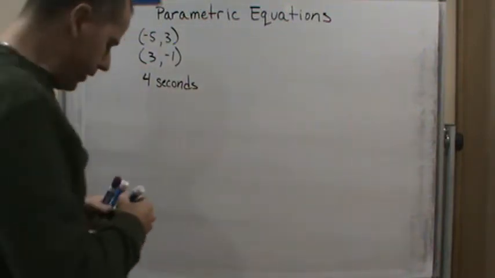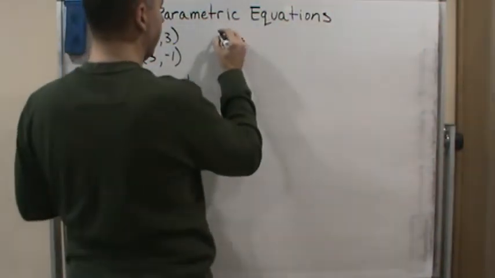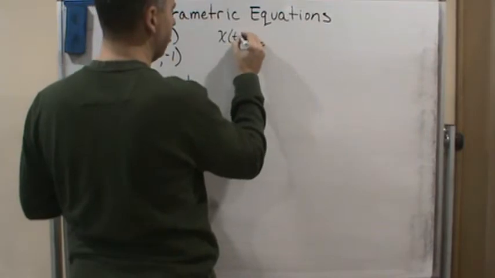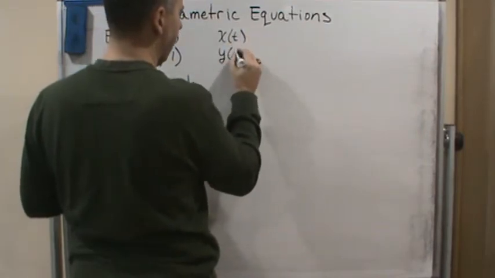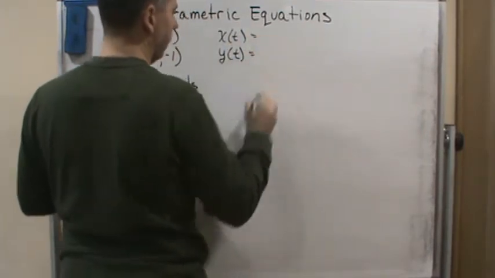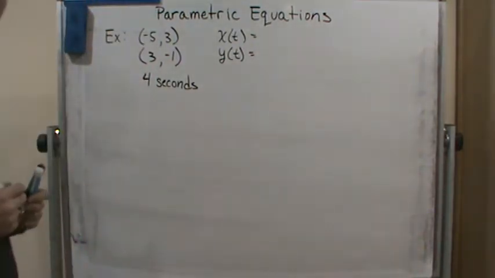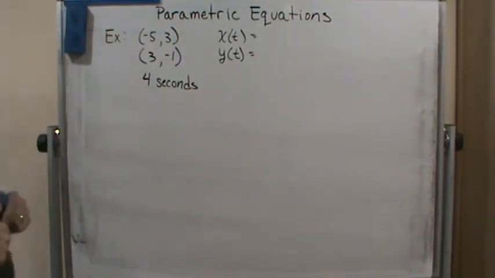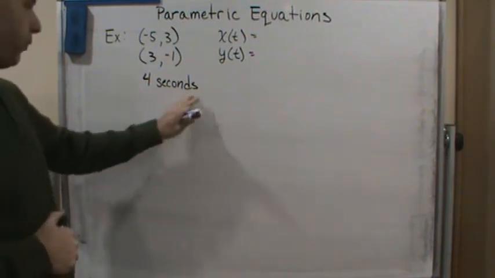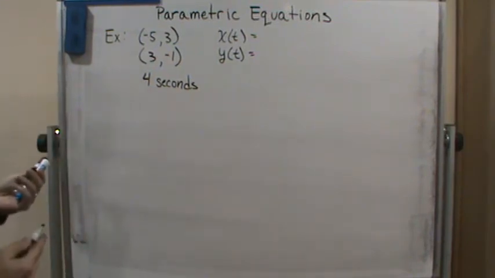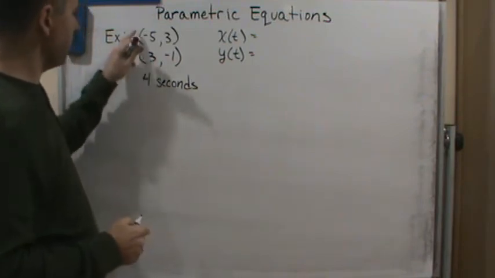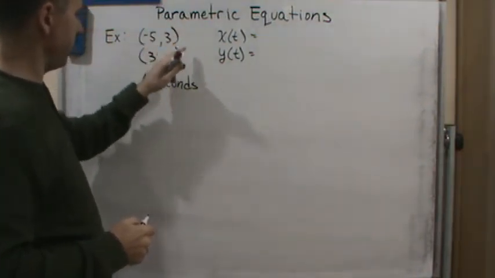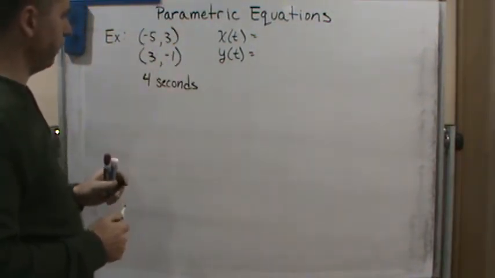So what they want us to do is find x of t and y of t that would represent the path of this object, the position of this object over time, or over these 4 seconds, right? Okay, so here's the starting point, and this is our ending point.